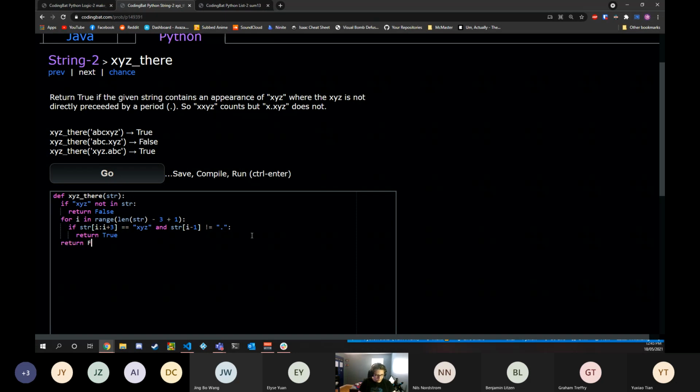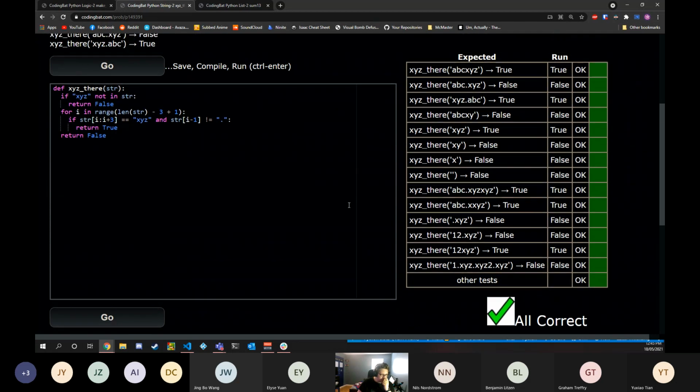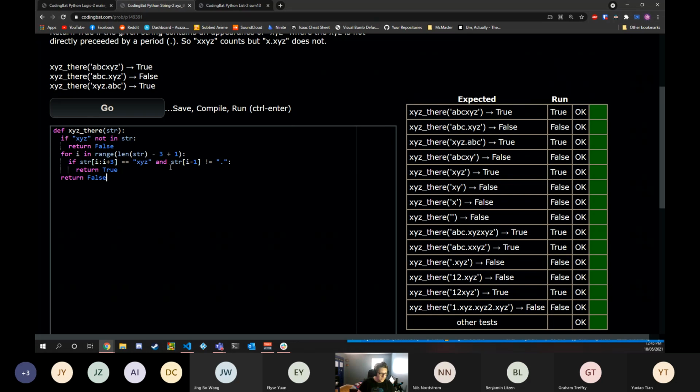Else I return false. If I run that, all of the test cases are correct. Now, this hopefully isn't too hard to understand. This is a lot easier than make chocolate. Find an occurrence of XYZ, check if there's a period before it, which voids the situation.